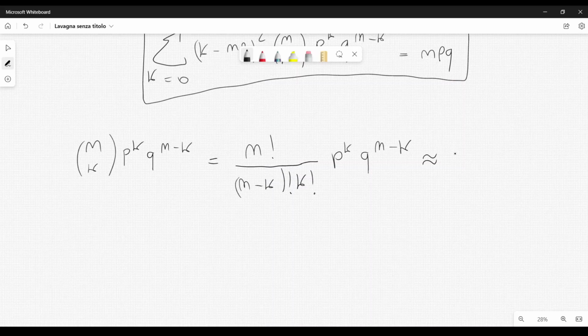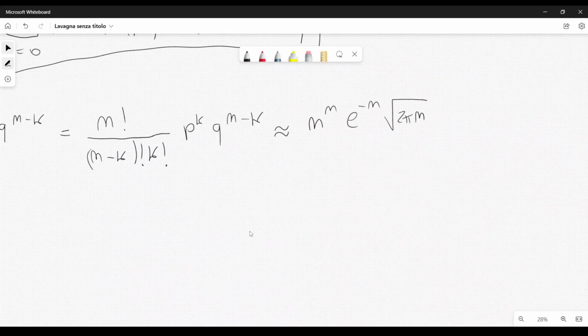n factorial can be written as n to the power n, e to the minus n, and then I have the square root of 2 pi n. And something similar for n minus k factorial.